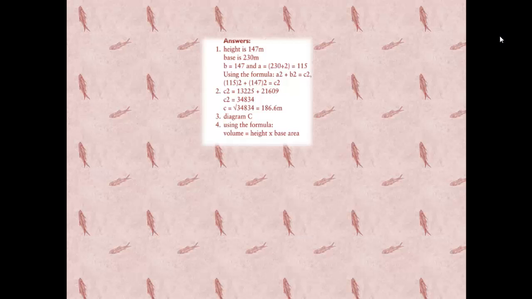Now the answers: the height is 147 meters, the base is 230 meters, so B is 147 and A equals 230. 230 divided by 2 equals 115. Using the formula a squared plus b squared equals c squared, so 115 squared plus 147 squared equals c squared.